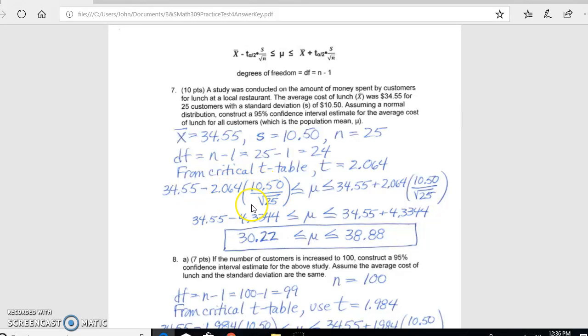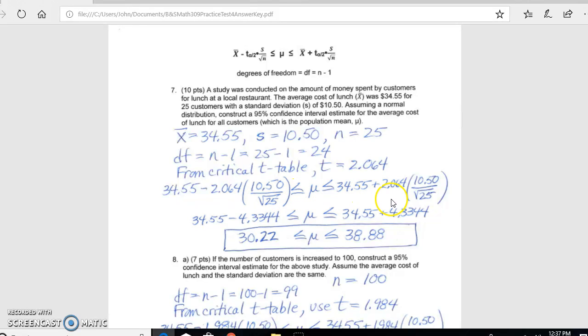When we calculate this quantity right here, we're going to end up with 4.3344. And we will subtract that from the 34.55. And when you round off to the hundredths place, because we're dealing with money, you should get 30.22.